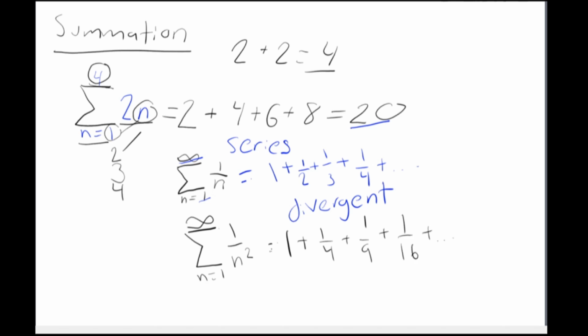And this does actually approach a sum. So it is known as a convergent series. Now, finding this sum is a little bit more difficult than something when we're dealing with finite values, but it is still possible, and we have determined the answer for the sum.